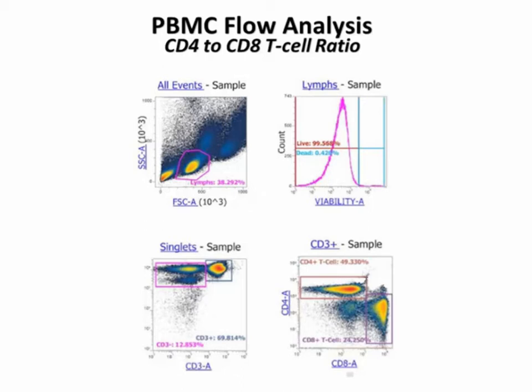If we concentrate on the CD3 positive gate, we can now take a look at the CD4 and CD8 populations. In this case, we've got a ratio of about 2-to-1 of CD4s over CD8s, and this is pretty much a standard result. So what this means is that we have a normal lymphocyte population, and we're ready to activate our lymphocytes prior to actually transducing them.